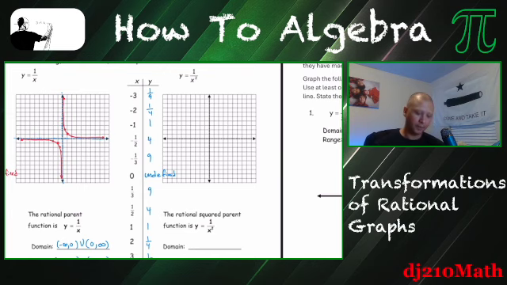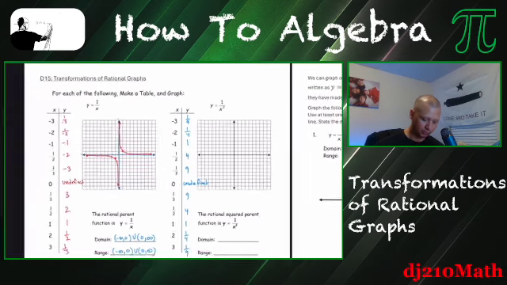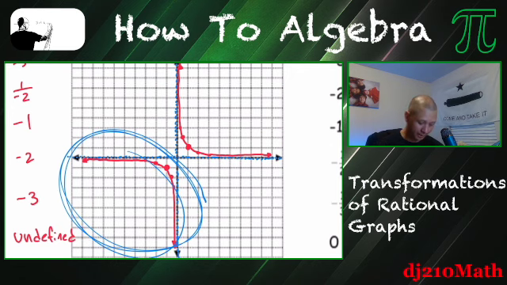Okay, so here, what's happening is that since you're squaring the denominator, it's making all the values positive. So really, if you look at the one we just talked about, this branch here is basically going to reflect up.